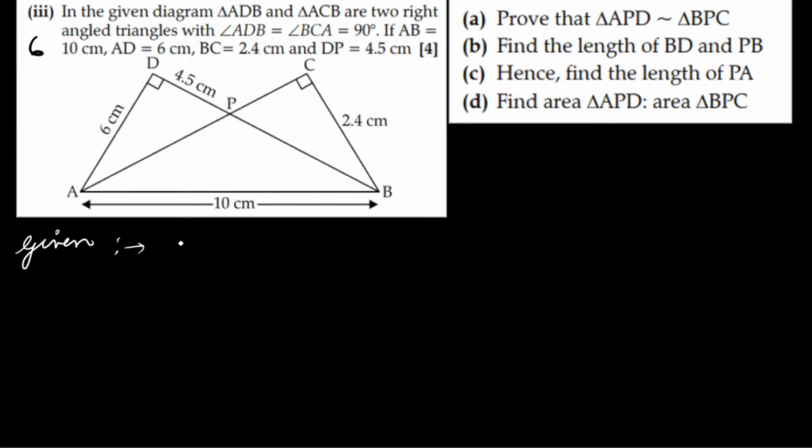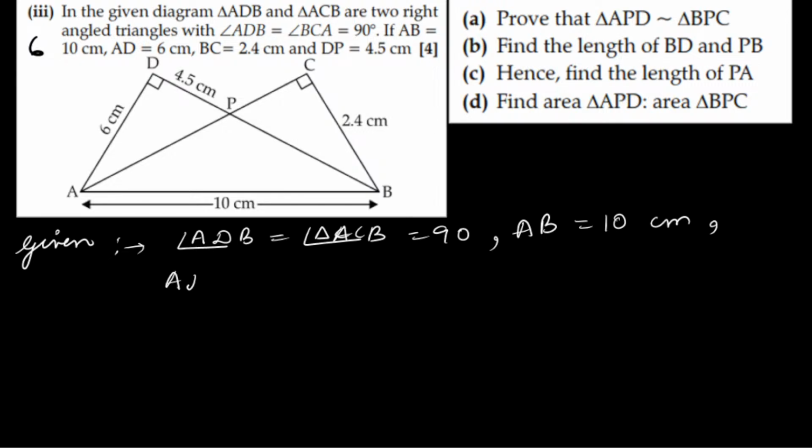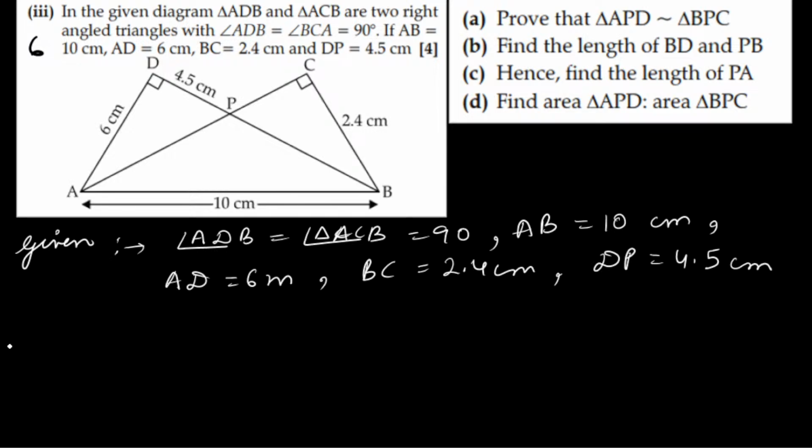Angle ADB is equal to angle ACB, equal to 90 degrees. AB is 10 centimeter, AD is 6 centimeter, BC is 2.4 centimeter, DP is 4.5. Whatever is given, you have to write each and everything.